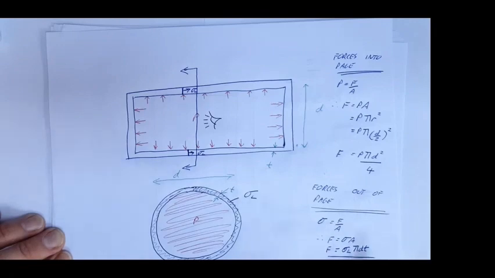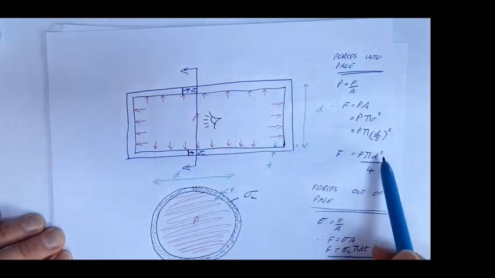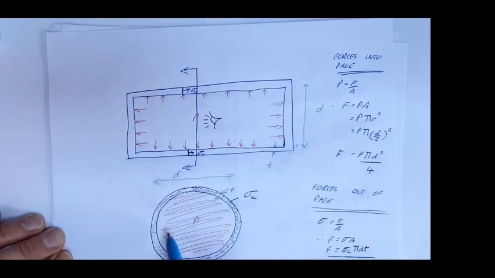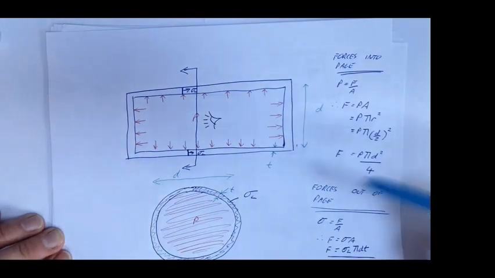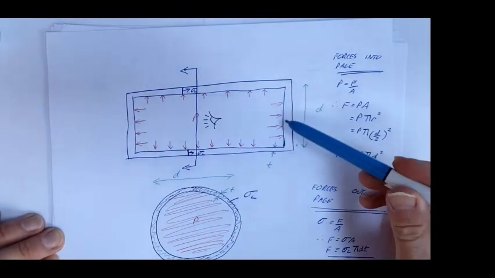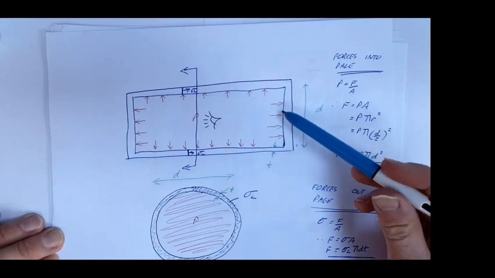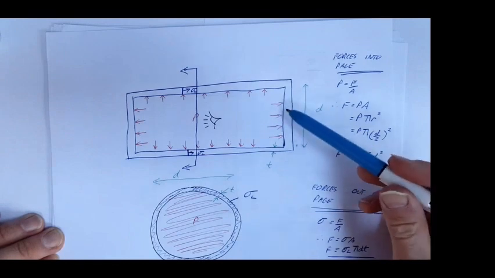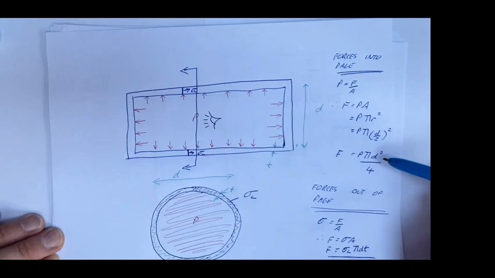Okay, so we've got forces acting into the page caused by this pressure, and the forces acting out of the page caused by this stress. Now again, we're going to say they're in equilibrium. This thing is not moving anywhere, and those end plates are trying to resist that pressure, stopping the cylinder from getting longer. So therefore, we're simply going to equate this to this.